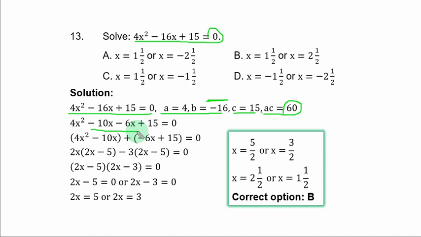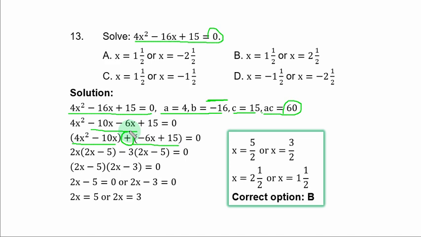The purpose is to get 4 terms so that you factorize by grouping. The first 2 terms, take as the first group, the last 2 terms, the second group. Ensure that the 2 groups are separated with a plus sign.